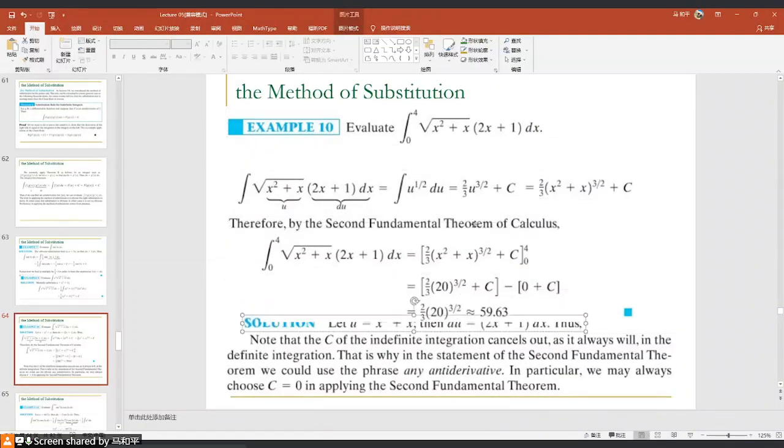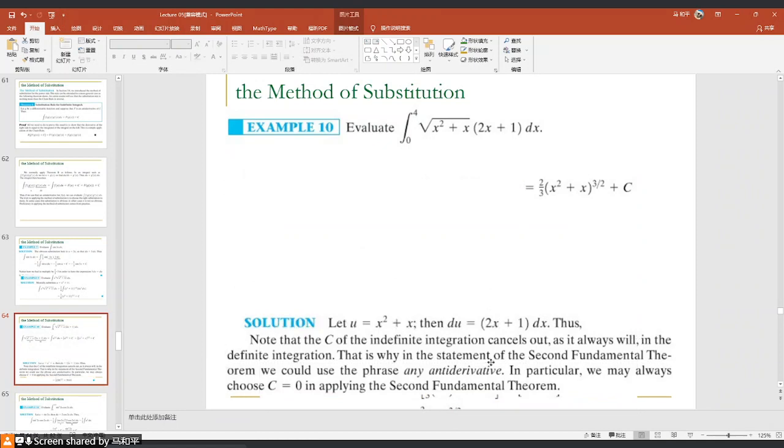Example 10. Evaluate the integral of x squared plus x, the square root of which is 2x plus 1.